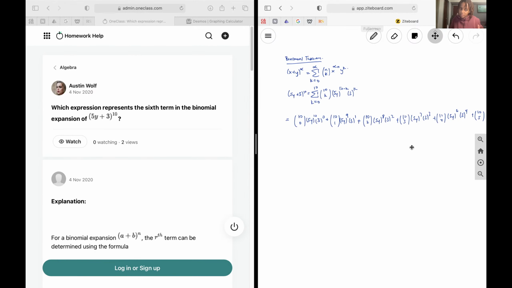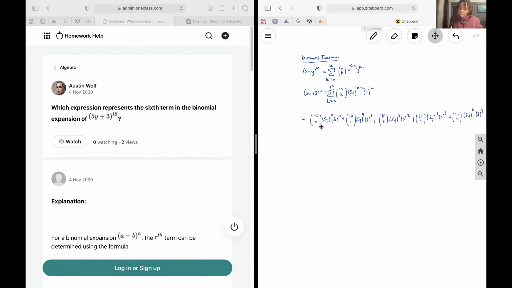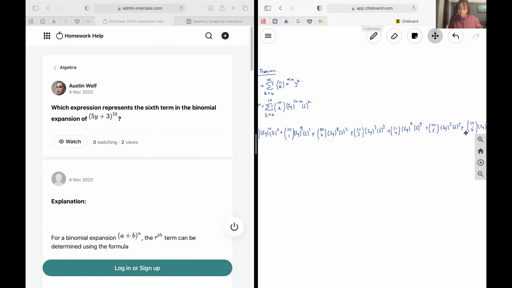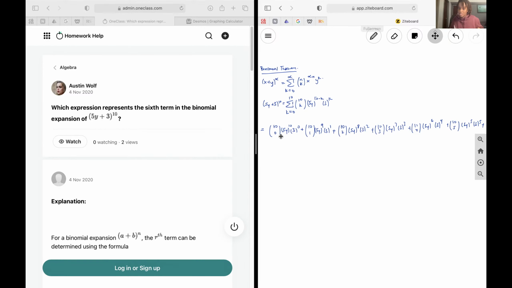the question is asking for the sixth term. So the sixth term, since I start counting at 0, you need to keep that in mind, is going to be when k equals 5, not when k equals 6, because I start counting from 0, as I just said. So this is my first term, my second term, third term, fourth term, fifth term, sixth term.